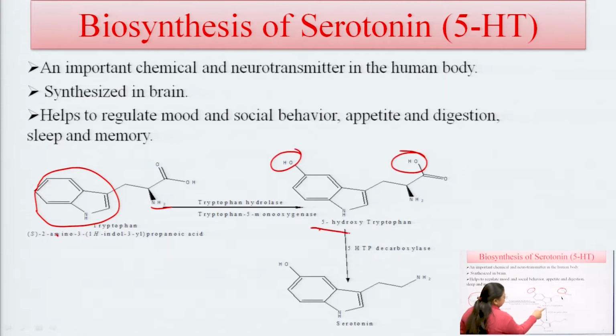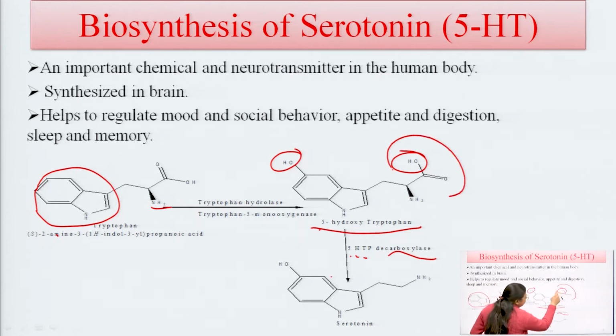So, this is known as 5-hydroxytryptophan, and when it reacts with the 5-hydroxytryptophan decarboxylase enzyme, there is removal of the carboxylic group as carbon dioxide, and serotonin is formed.